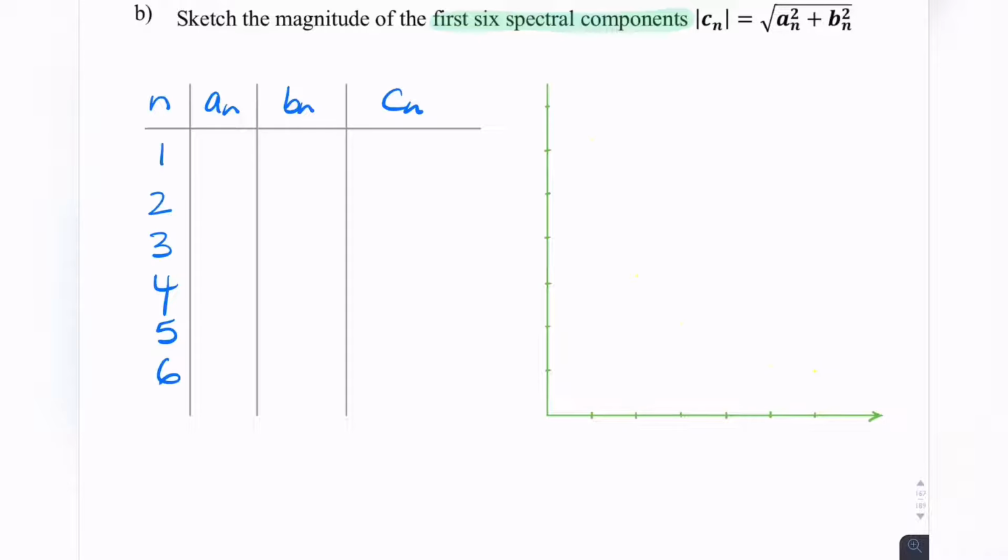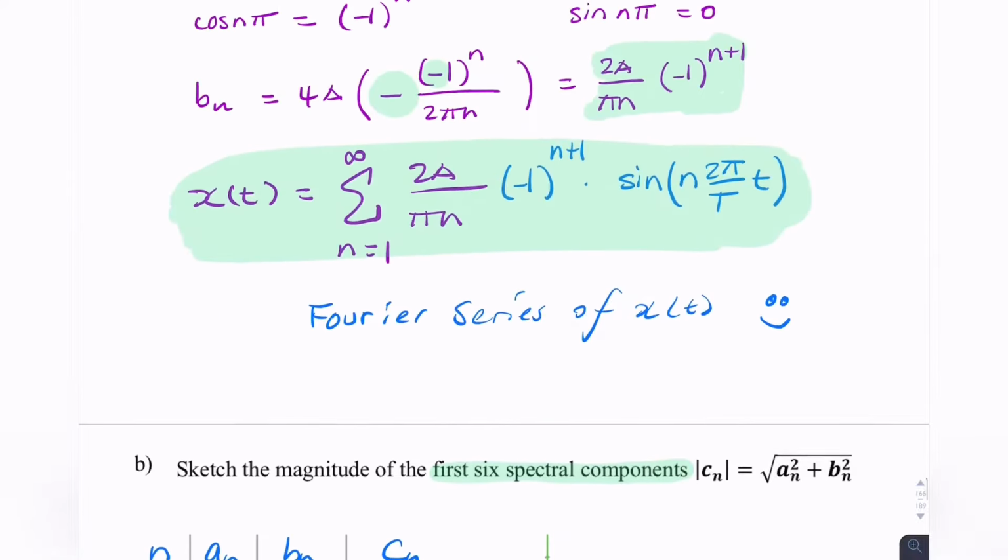Now An we know is 0, so Cn and Bn are going to be the same. So the A's will simply be 0, 0, 0.